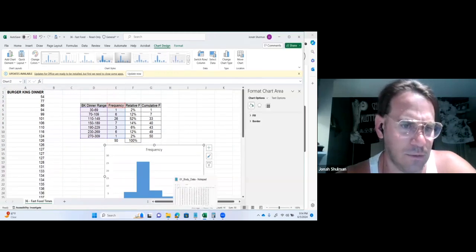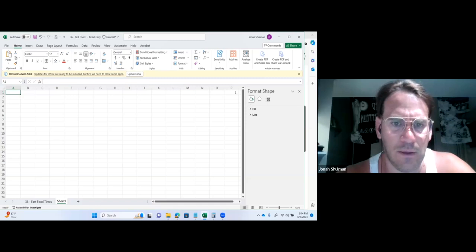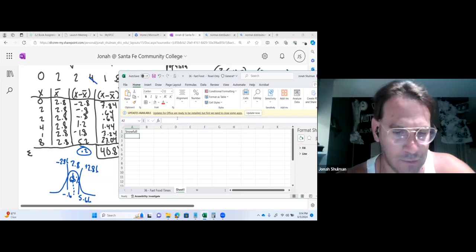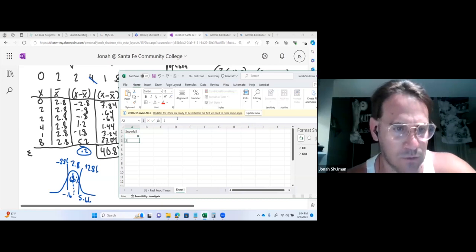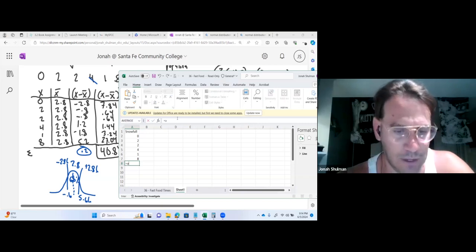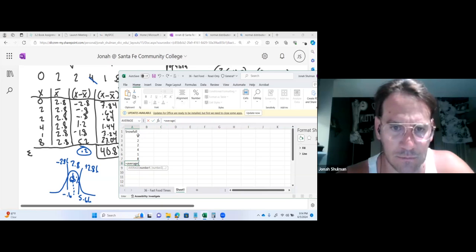Here we go. So here are our values. We know this is snowfall, and we've got 0, 2, 2, 4, 1, 8. Let's just do equals average, just so we can get it.